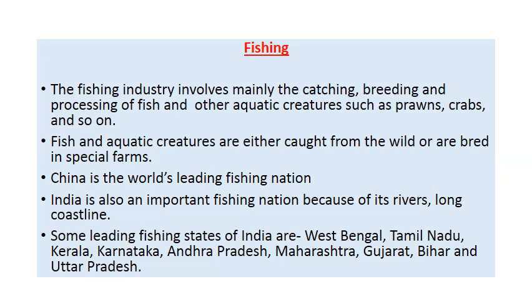India is a leading producer and exporter of fish. As India has many rivers and a long coastline, both freshwater and marine fishing are practiced. India's fish farming industry too is growing.